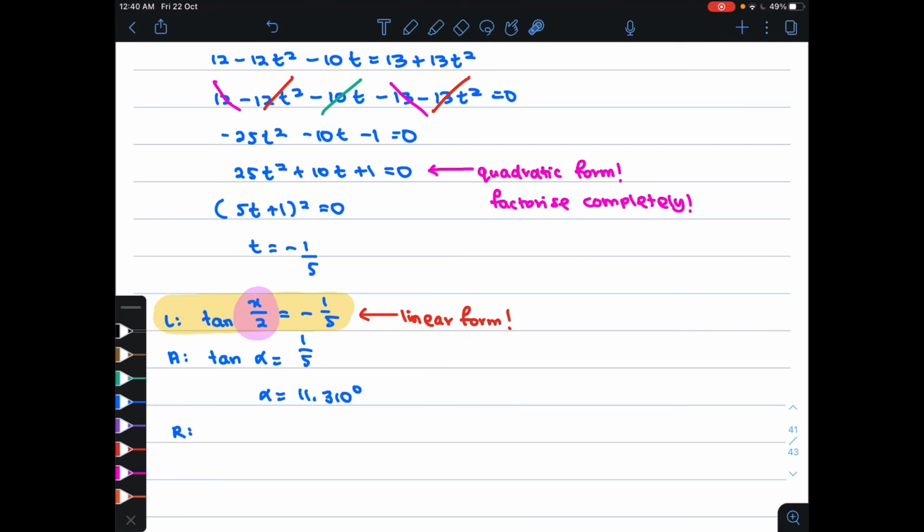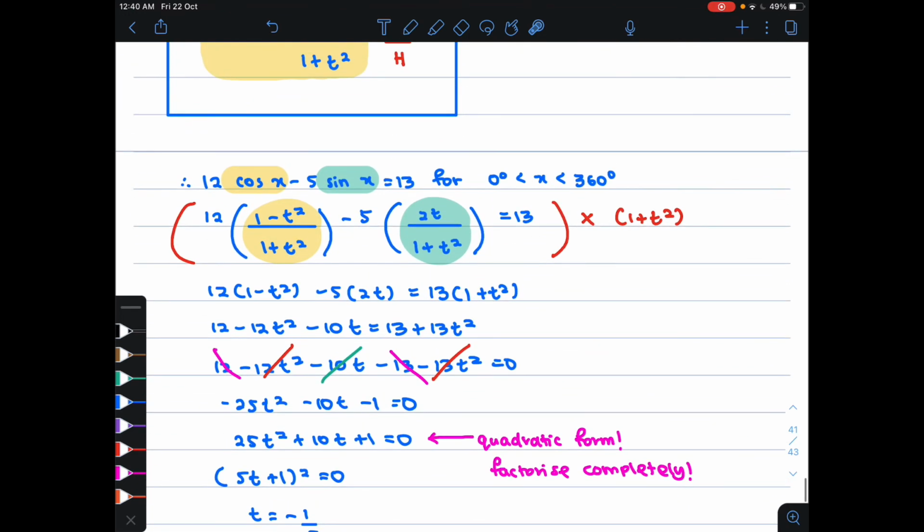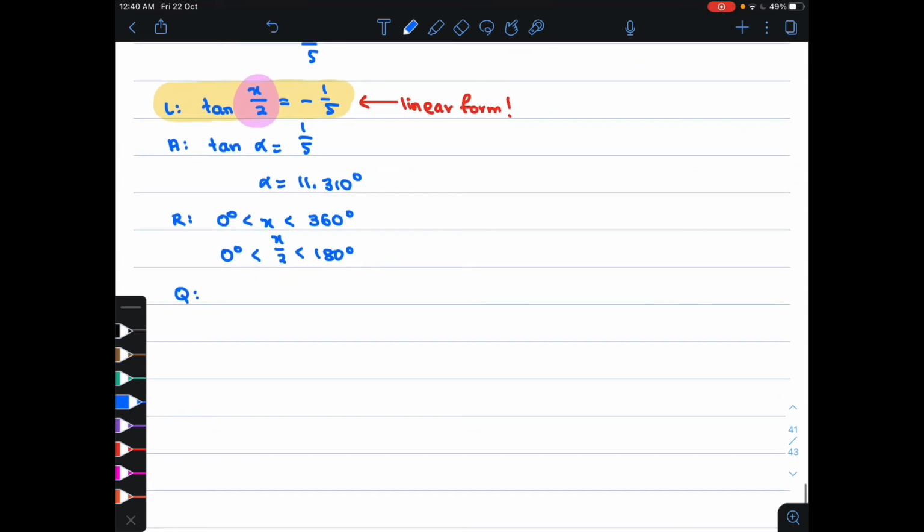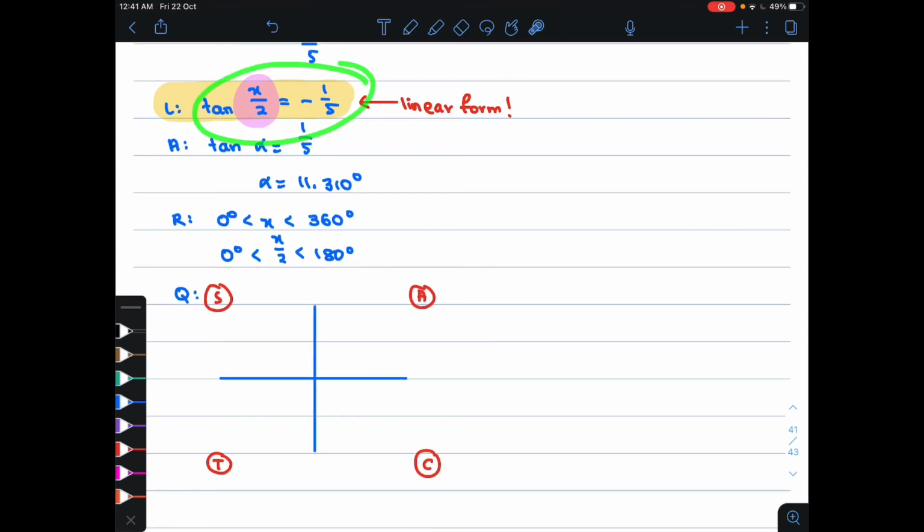R is for range. And we can see that x is between 0 and 360. But we only want x over 2. So divide everything by 2. From the linear form, you can see that tan is negative.